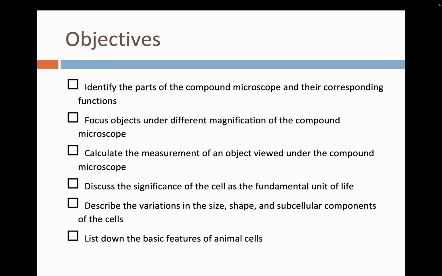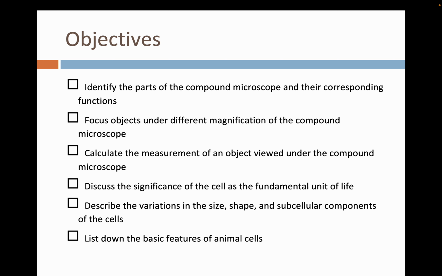Also, you must be able to focus objects, slides, specimens under different magnification using the compound microscope. And lastly, for activity one, you must be able to calculate the measurement of an object that is viewed under the microscope.